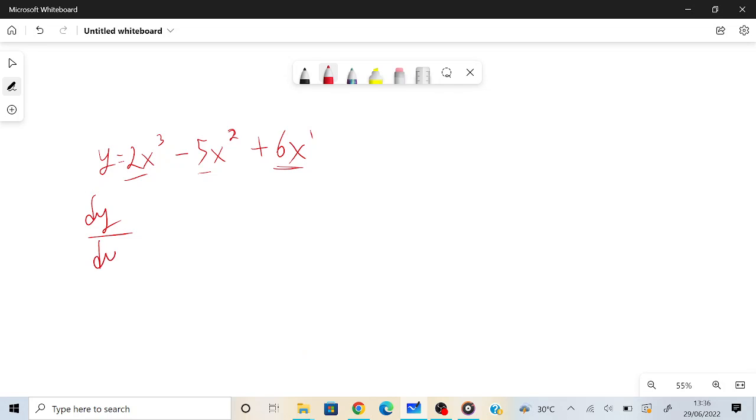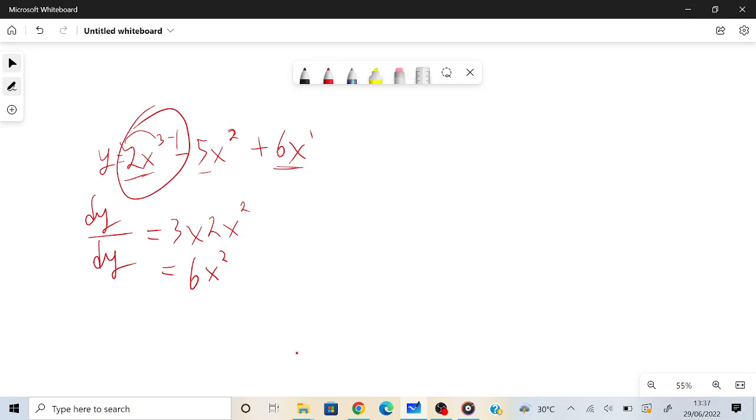dy/dx is equal to, now, 2x cubed. All you do is take your 3 here, so you now have 3 times 2 x to the power of 3 minus 1, which, as we know, is 2. And doing this, we know 3 times 2 is 6, so you have 6x squared. This is only for this part over here first.